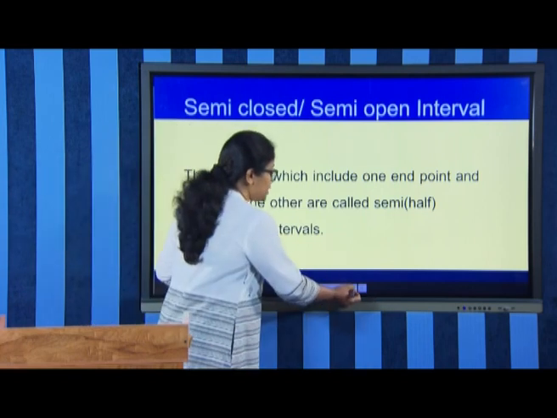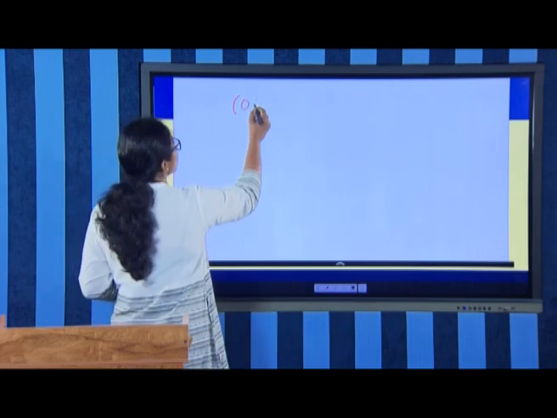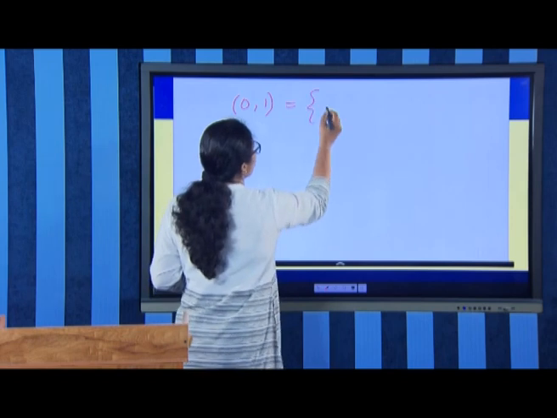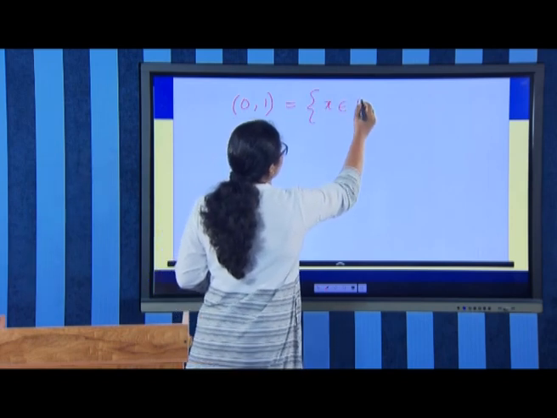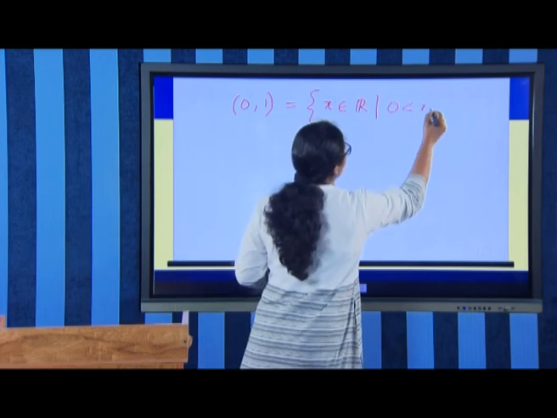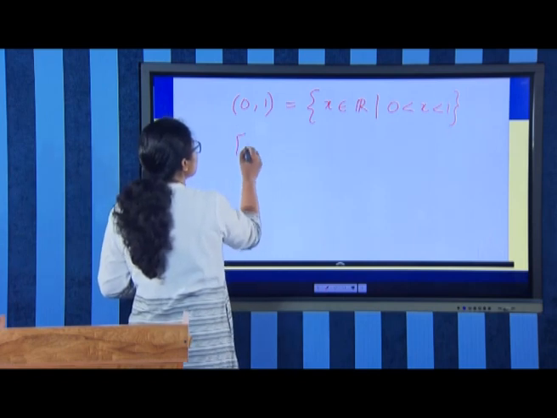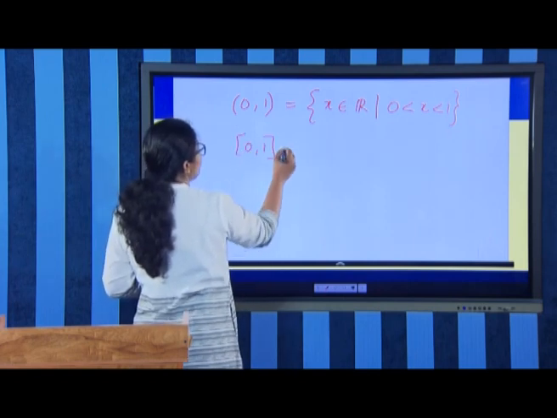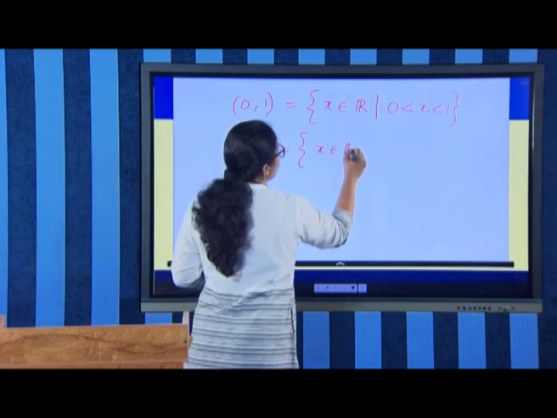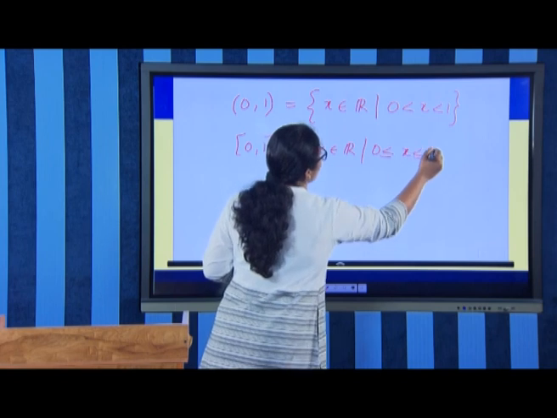So, looking at some examples, the open interval (0, 1) consists of all those real numbers x such that 0 is strictly less than x less than 1, and the closed interval [0, 1] is equal to the set of all real numbers x such that 0 is less than or equal to x less than or equal to 1.